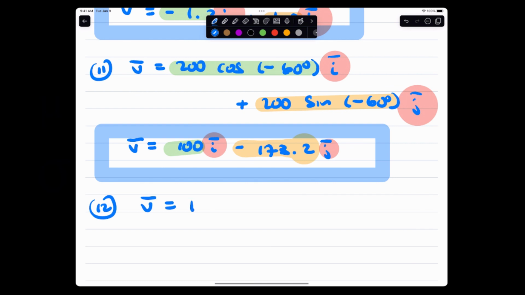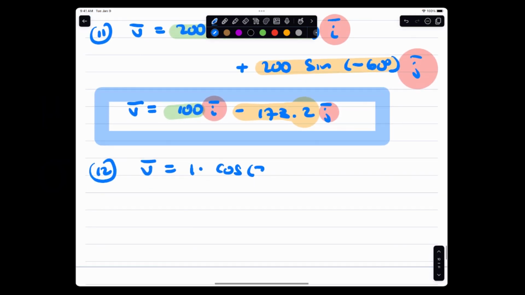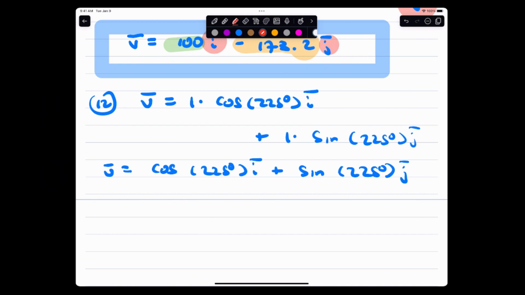Vector v: 1 times cosine, what was the angle again? 225, i plus 1 times sine 225j. So you guys know you don't even have to do what? One times anything is itself. So make life easier for yourself by using that information.